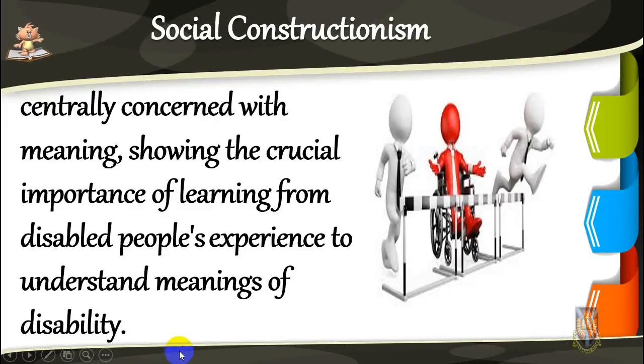Anthropologists and historians show how different societies produce certain types of diseases, impairment, and disability. Disability can be produced by the disability business.